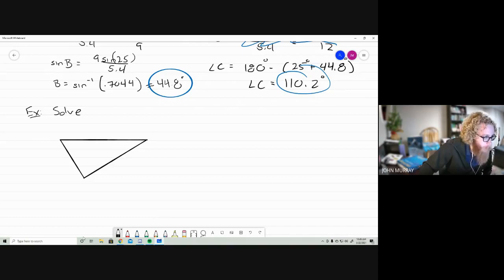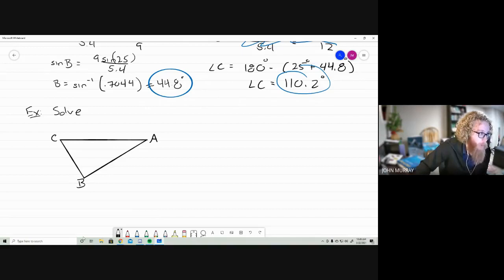The one thing that I do want to say is try not to get caught up with how the triangle is drawn. I've seen it in the past where you have an upside down triangle like this, and people get confused on how to handle it. I see it more with right triangles and which one is the hypotenuse and what are my other two sides.